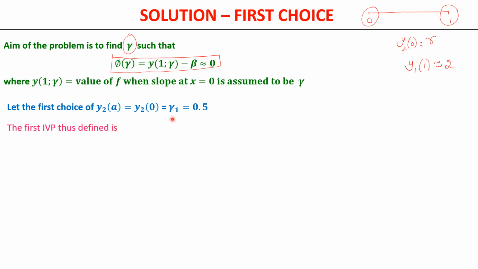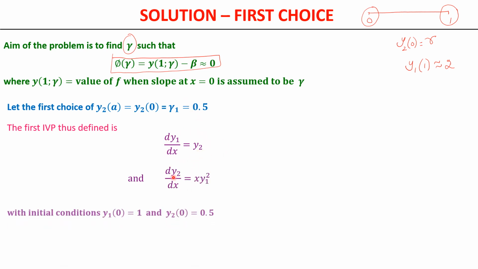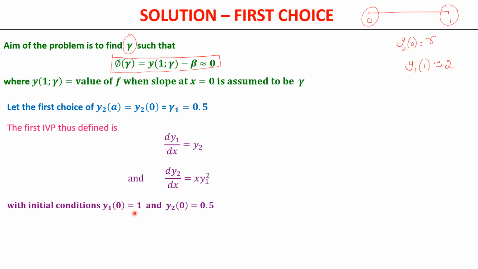Now, because I have defined y2 of 0, another initial condition for this problem, IVP1 becomes the first equation, the second equation, and the two initial conditions. This condition is already given, and this condition is assumed by us. So this together forms IVP1.